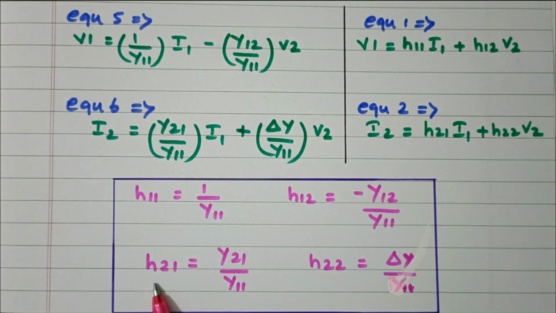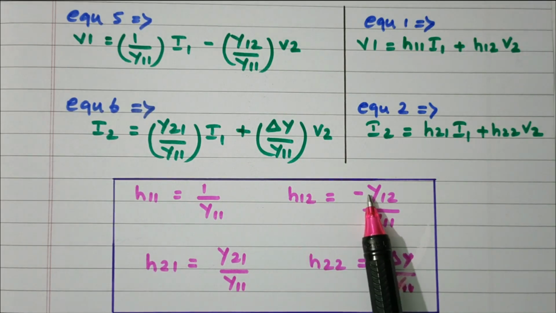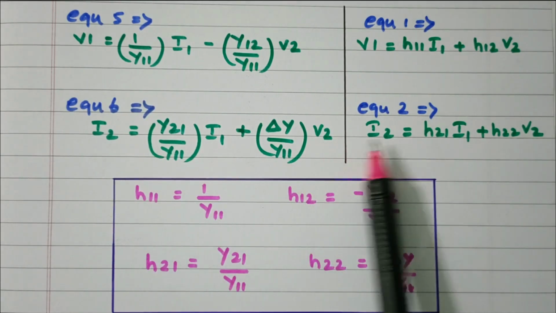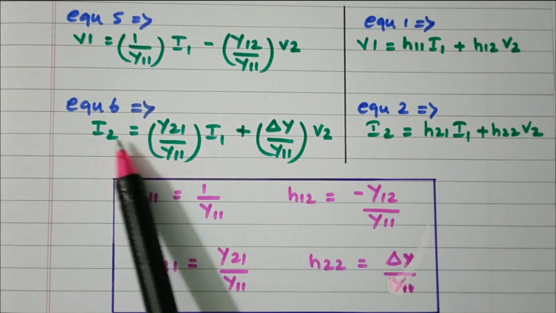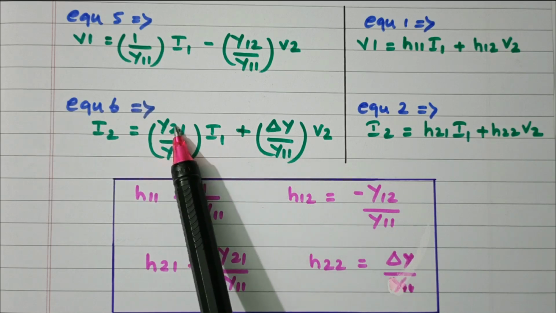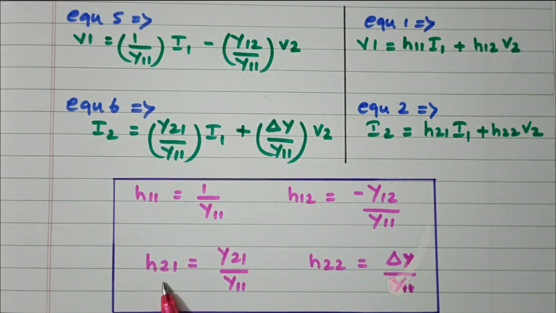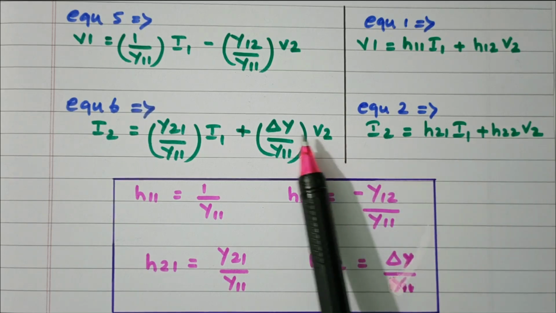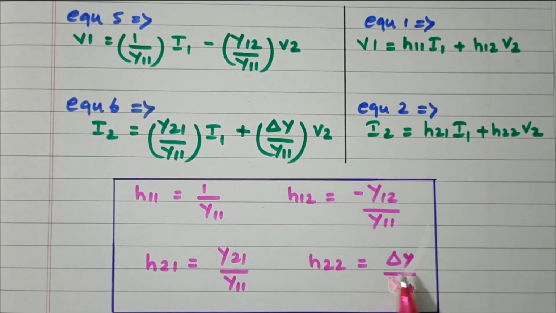So both are equal: h12 is minus Y12 divided by Y11. Yes, minus is there. Now we'll compare equation 6 and 2. Here both are I2. The coefficient of I1 is h21, which is equal to Y21 divided by Y11. Similarly, the coefficient of V2 is h22. Here the coefficient of V2 is delta Y divided by Y11. So h22 is delta Y divided by Y11.